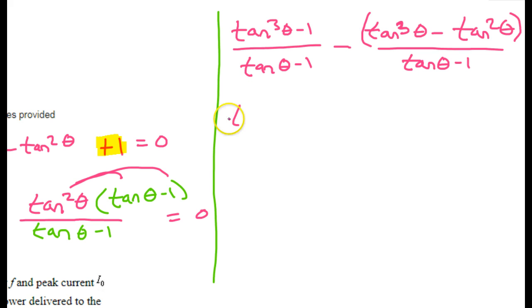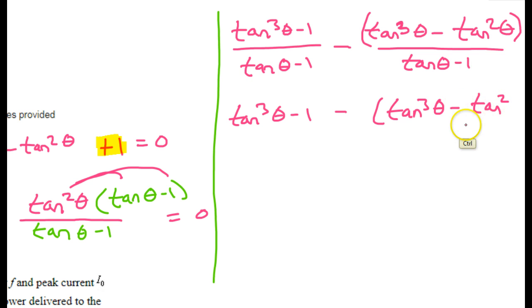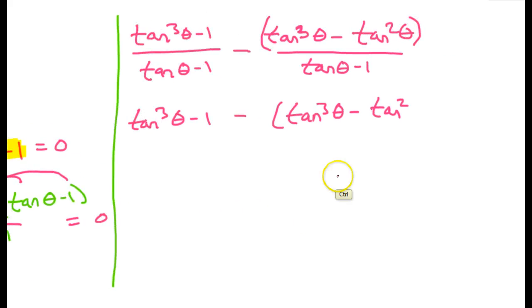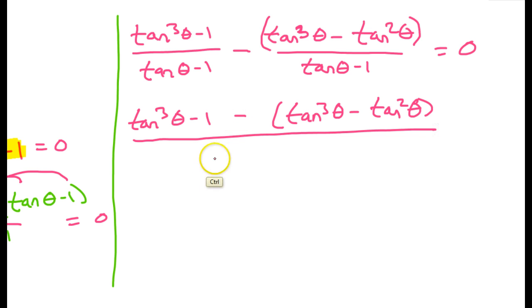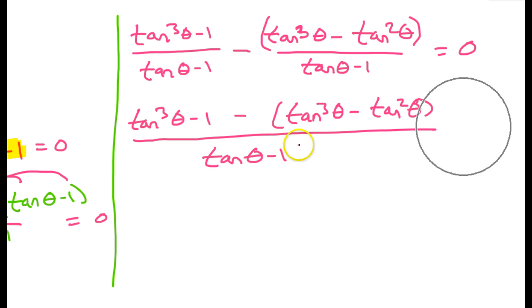So now I'm going to have tangent cubed theta minus 1 minus, in parentheses, tangent cubed theta minus tangent squared theta. And now I'm putting this all over my like denominator, over tangent theta minus 1 is equal to 0.